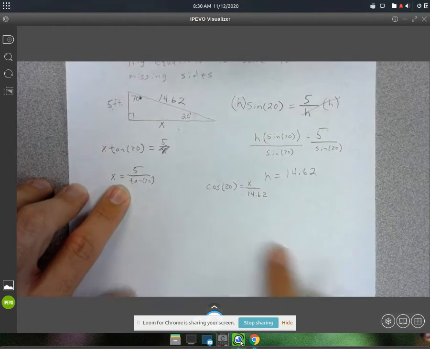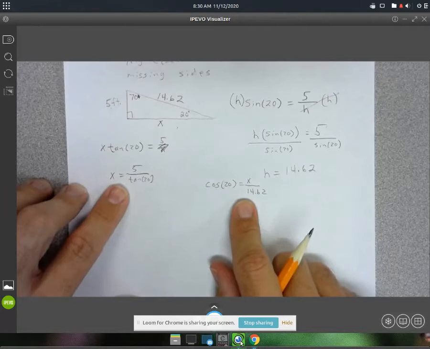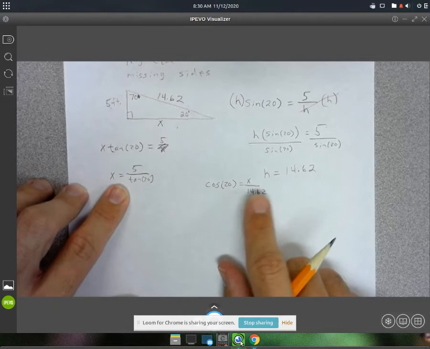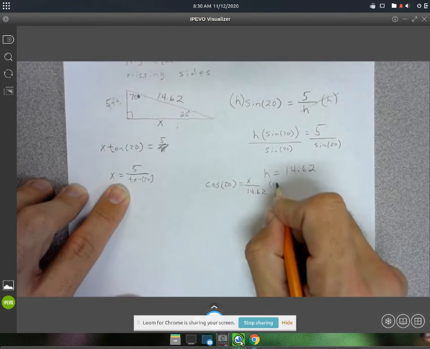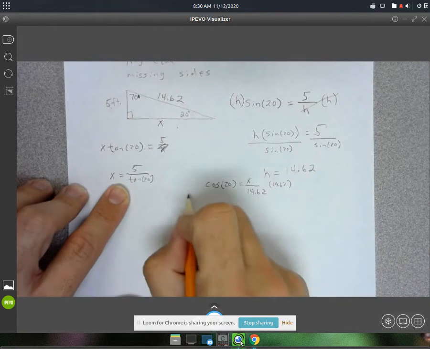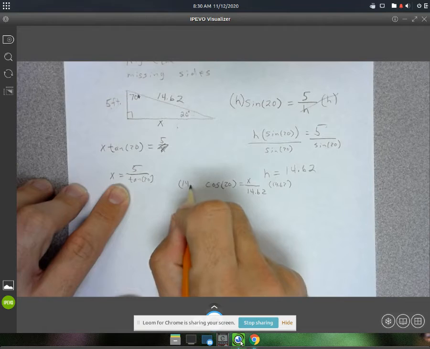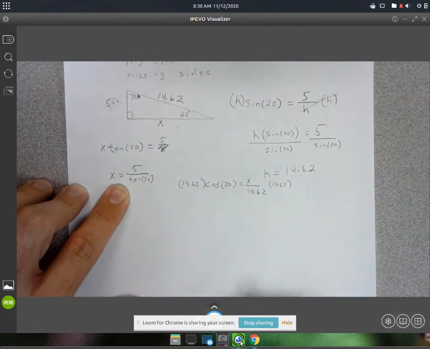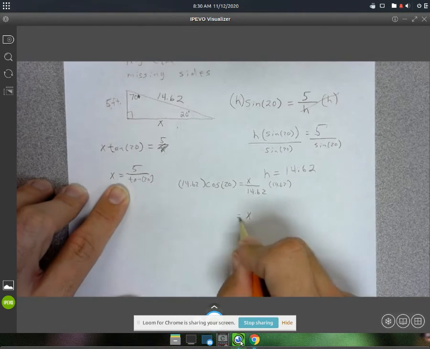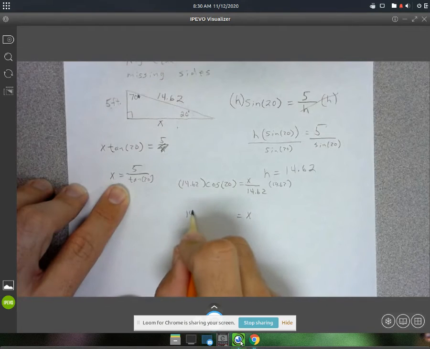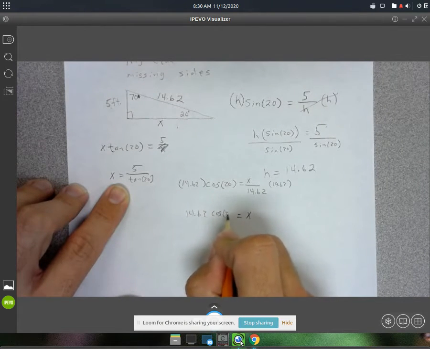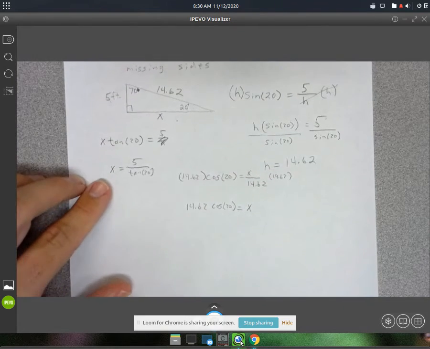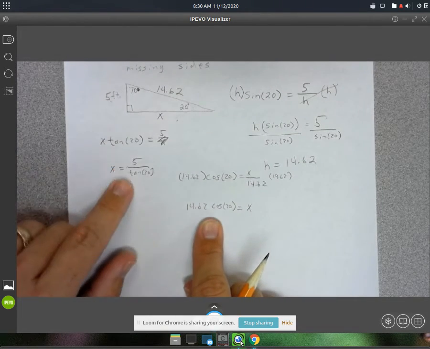Or if you were solving the cosine equation, you could multiply through by 14.62, and it's going to give you x equals 14.62 cosine of 20. So that could be your answer, or this could be your answer.